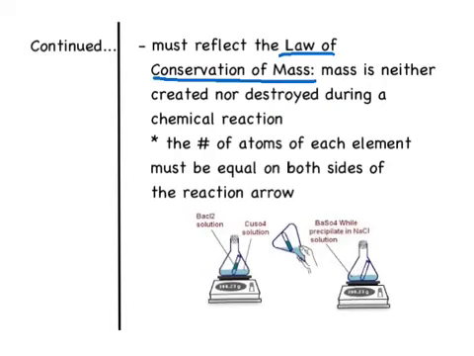So you don't gain mass, you don't lose mass during a chemical reaction. It has to be the same before and after. If we take a look at this picture down here, this illustrates that for us. Here we've got the reactants before, and they weigh 300.23 grams.